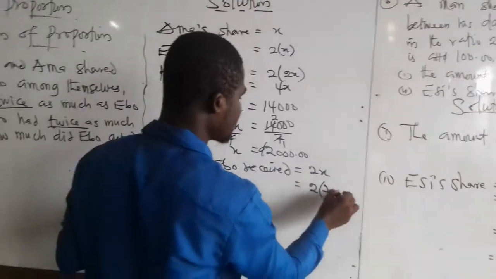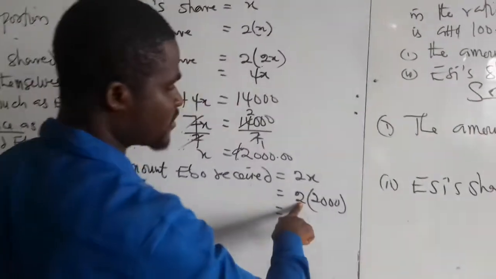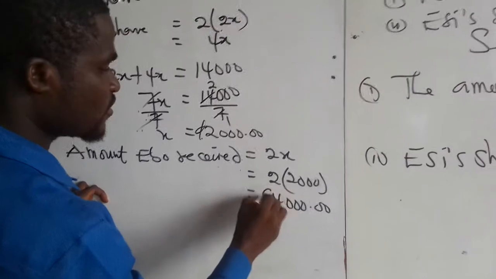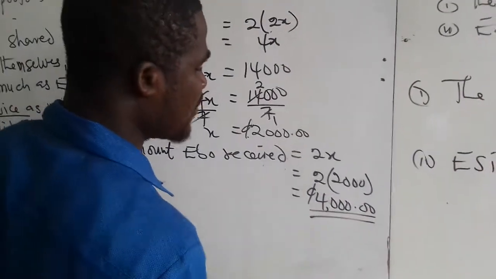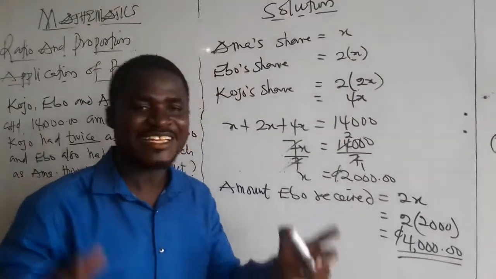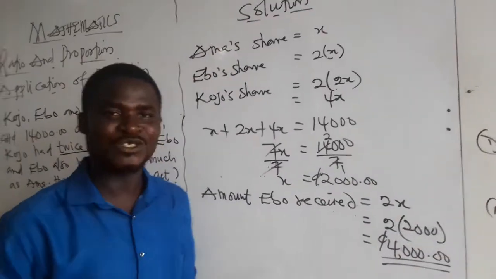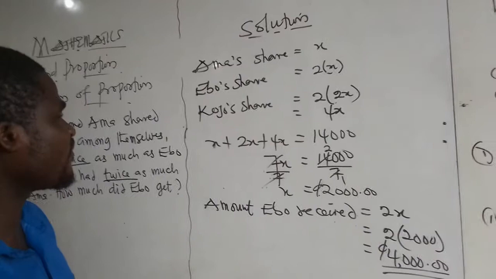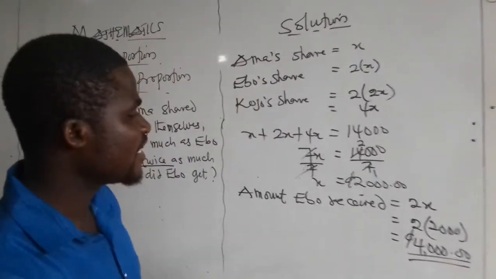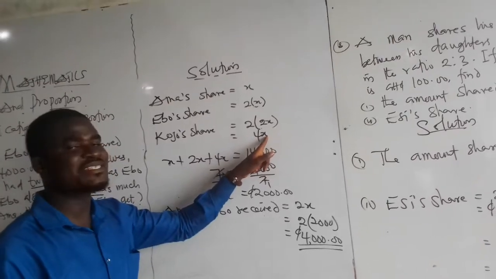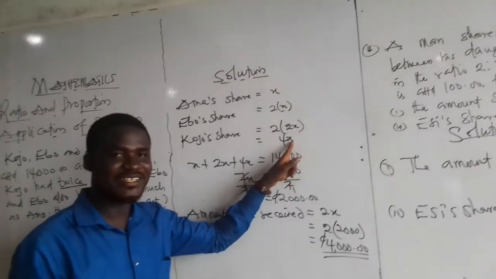So 2,000 times 2 gives us 4,000 Ghana cedis. So it means that Ebo had 4,000 Ghana cedis. If the question would have asked you to find Kojo's share, it would have been 4 times 2,000, which will give us 16,000 Ghana cedis.